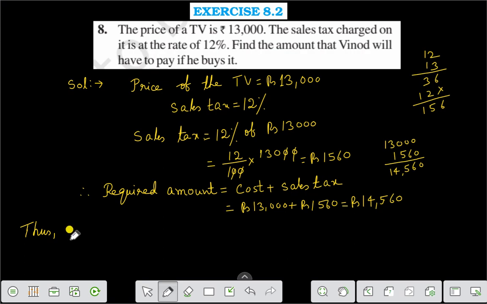Thus, Vinod will have to pay rupees 14,560. And that is the answer.